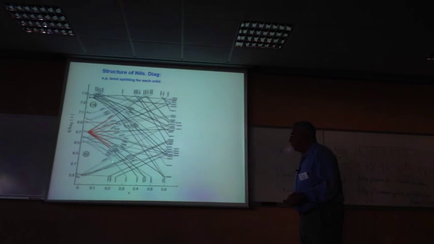This will be the K equals 1/2, K equals 3/2, K equals 5/2, K equals 7/2. This is h9/2. It'll break up into 1/2, 3/2, 5/2, 7/2, 9/2. We've already talked about this. The p3/2 will break up into K equals 1/2 and 3/2, f5/2 into 1/2, 3/2, 5/2. The p1/2 will just have a single one.